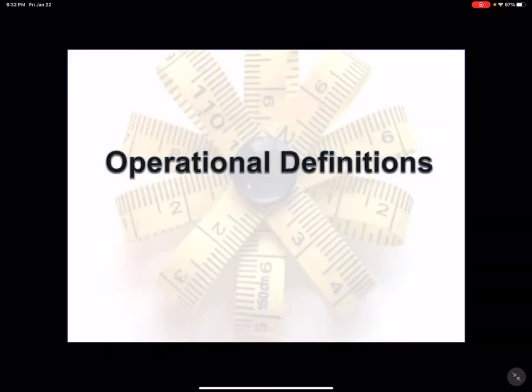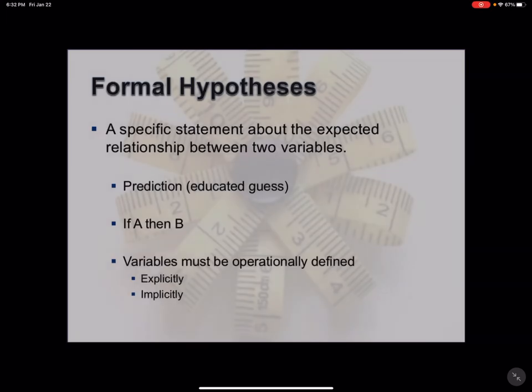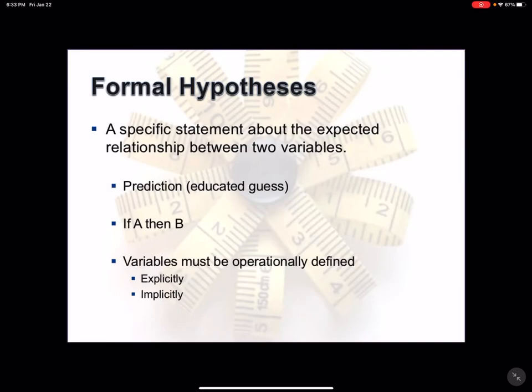The first thing we're going to talk about is operational definitions. And I just told you that you know what these are, even though you don't know that you know what these are. In order to go over them, I'm going to review what we talked about last lecture. I'm going to review the definition of a formal hypothesis, or plural hypotheses.